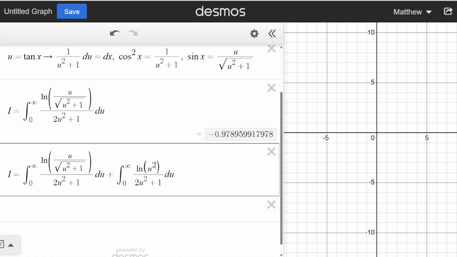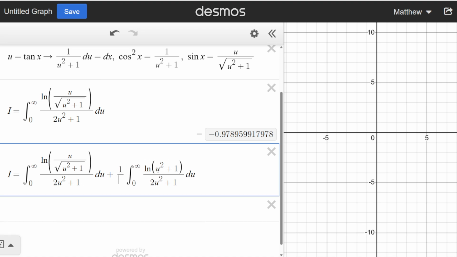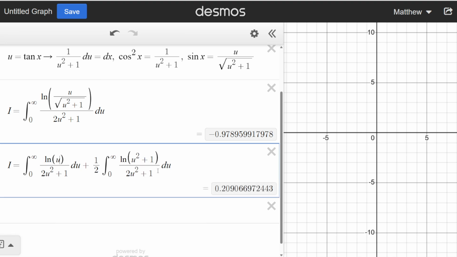So u squared plus 1, and then we'll bring the 1/2 outside. And then in here, we're just going to have natural log u. All right, what did I do wrong? Plus. There we go. Minus. There we go.